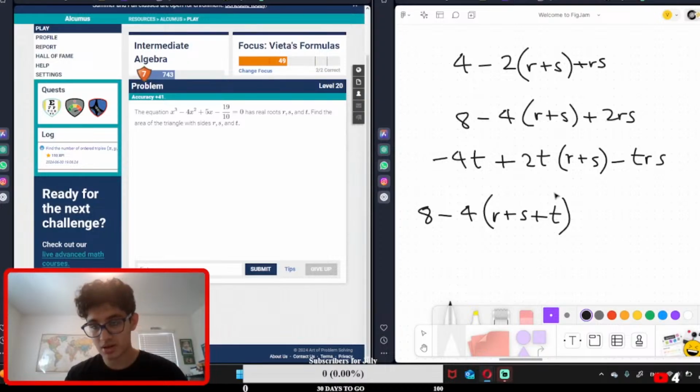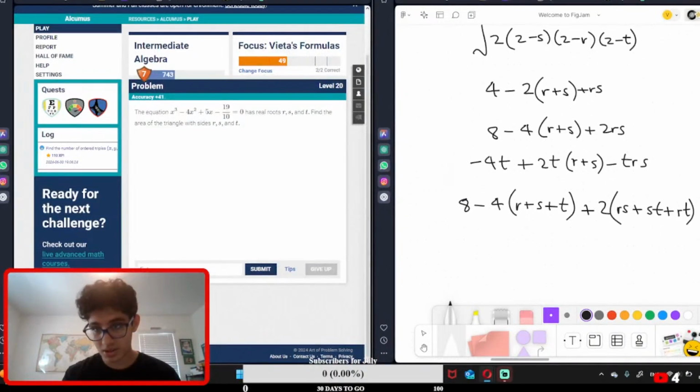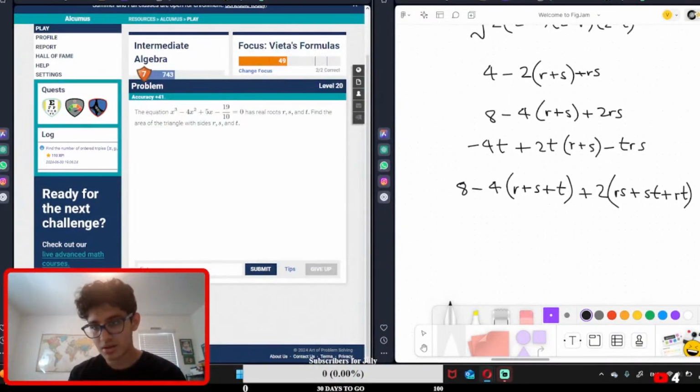Then we have plus 2 times rs plus st plus rt. Now we've got that thing as well. So all of this is accounted for, and then we just have minus trs, right? And that's why it's Vieta's formulas, because we know all this stuff.